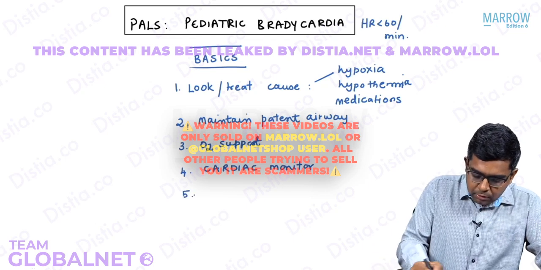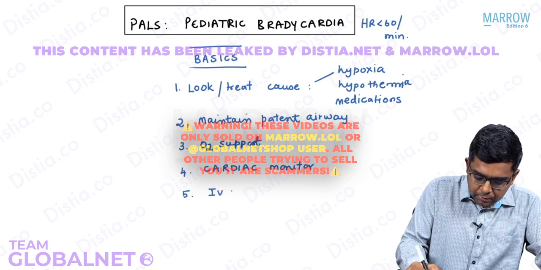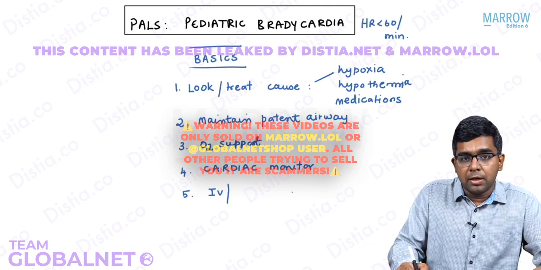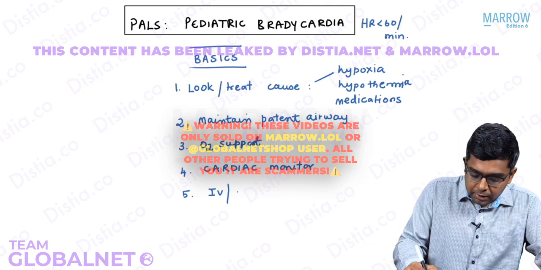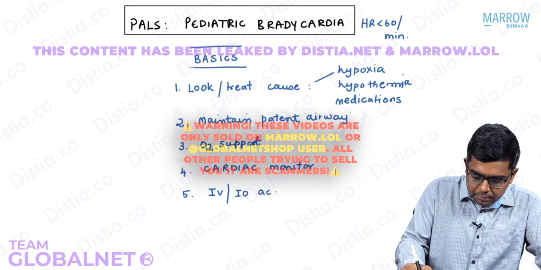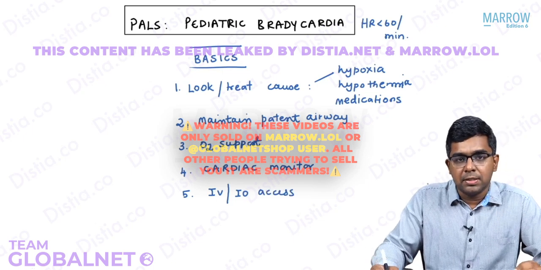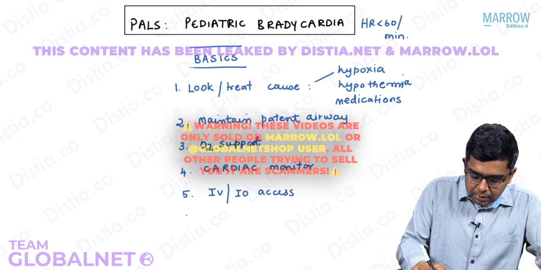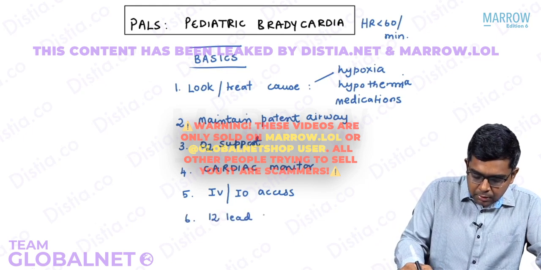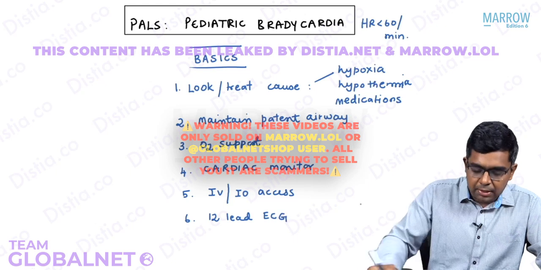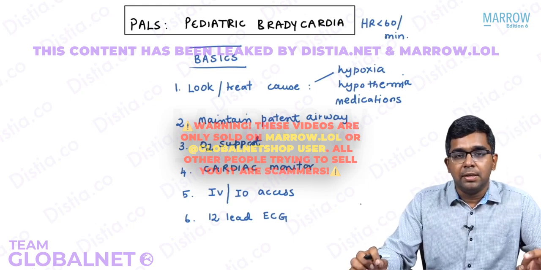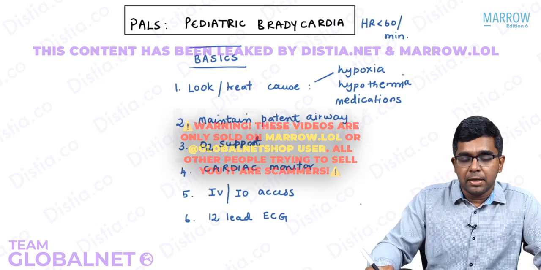Fifth, you have to get an intravenous line. If an intravenous line is not available, you have to get an intraosseous access. IO is intraosseous access. Okay, and always at this time you have to connect a 12-lead ECG. These are basic things which have to be done in any child with pediatric bradycardia.